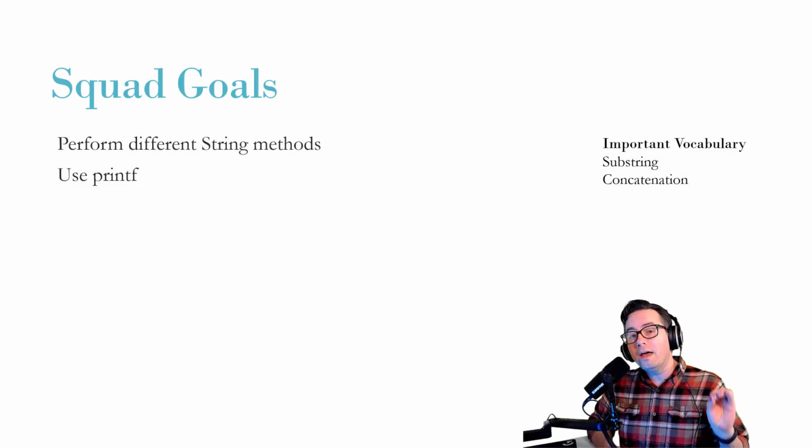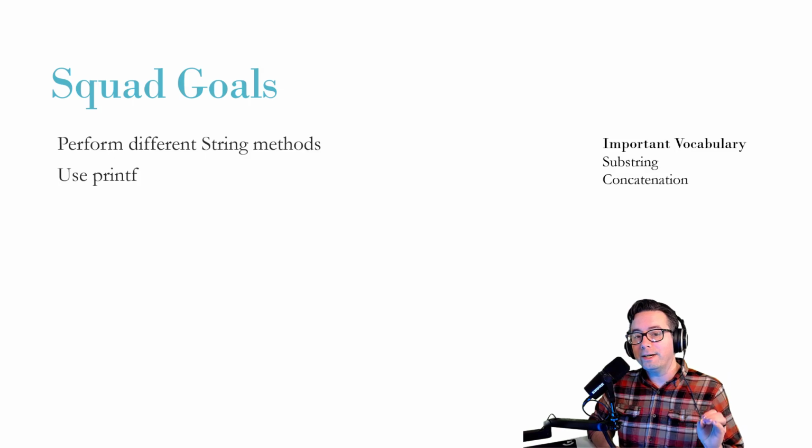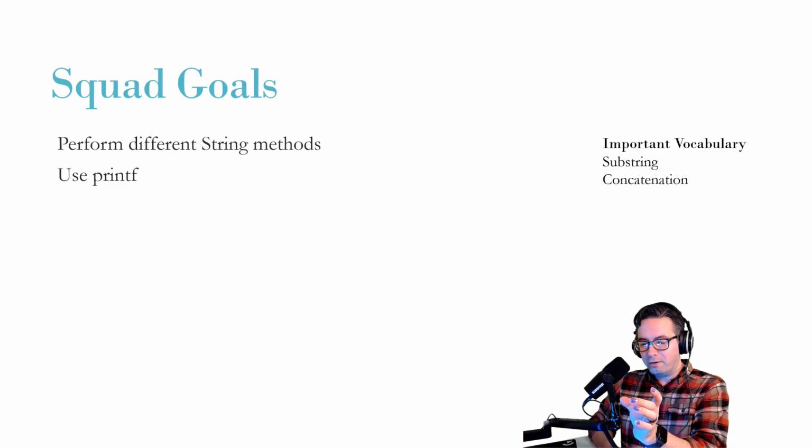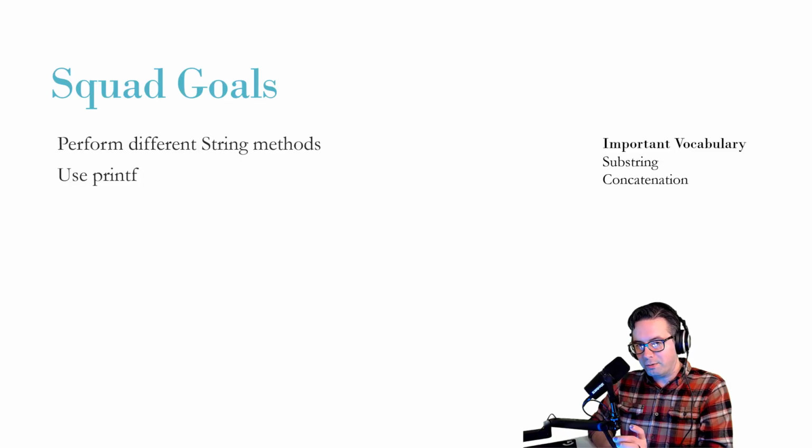But before we go, some important vocabulary. We have string and concatenation. A substring is a part of a string, a new string that's formed when we take characters from an old string and make it into a new string.